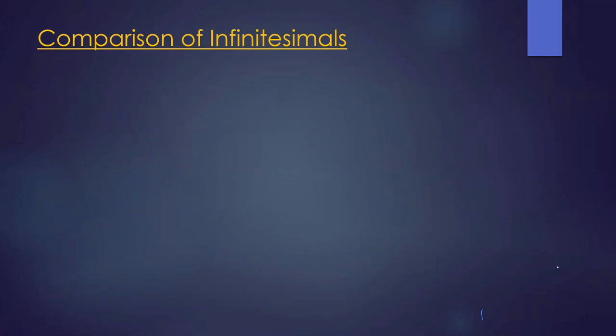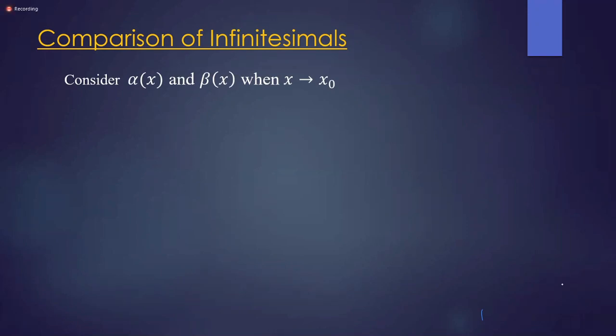Infinitesimals are usually denoted by alpha and beta or other Greek letters, not by Latin letters. So suppose we have two infinitesimals. An infinitesimal means that the limit of this function is 0 when x tends to that point, and the same happens with beta. So how can we compare?